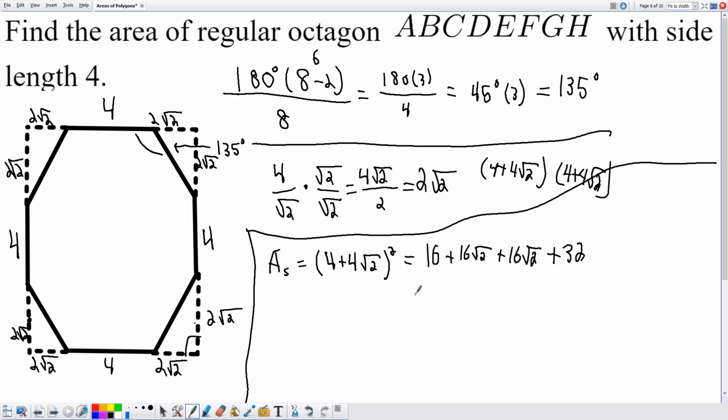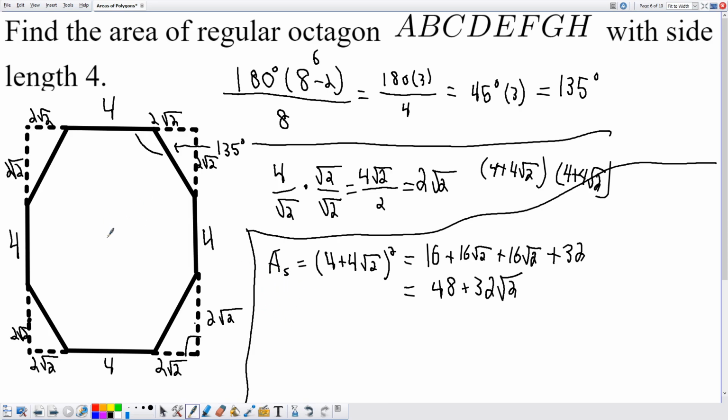So, simplifying this even further, well, we have 16 root 2 plus 16 root 2 is 32 root 2. And 16 plus 32, well, that's 48. So we have 48 plus 32 root 2. Now, that's fine, but that's not the area we want.